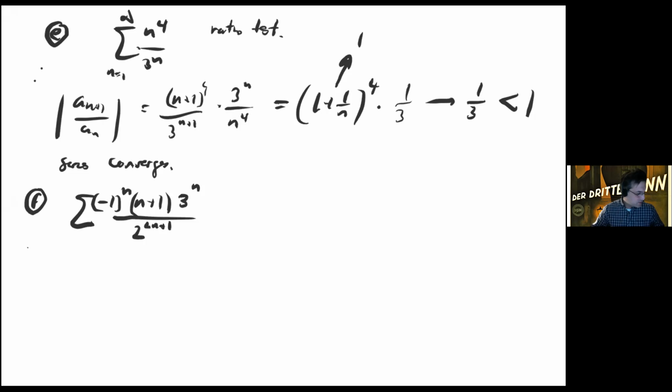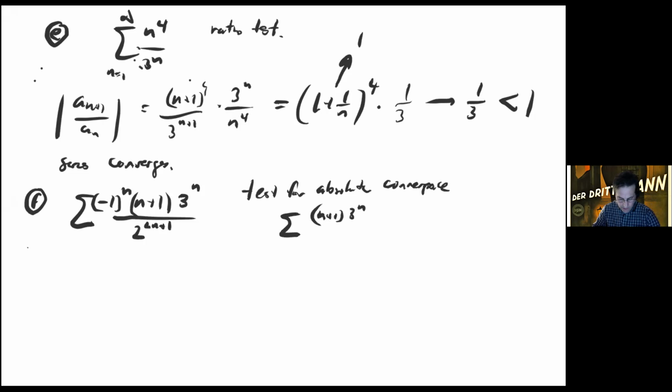I'm going to test this for absolute convergence first of all. So the series of positive terms would be n plus 1, 3 to the n over 2 to the 2n plus 1. I'm going to test it using the ratio test again.